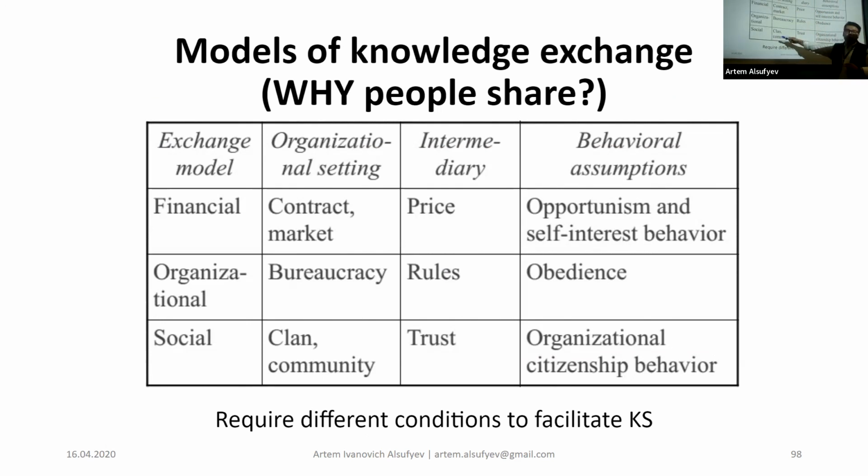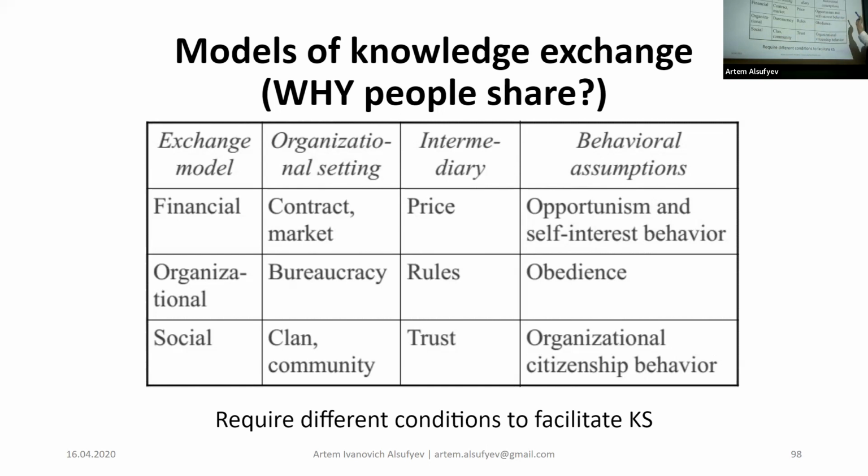Okay, socially, you have trust, or you have organizational citizenship behavior where everyone is committed to the organization, so they are willing to share knowledge. Or you have rules. You're saying, okay, you're going to have a quiz next time. If you do not pass the quiz, you're going to fail the course and not get a degree. Organizational rules, right?